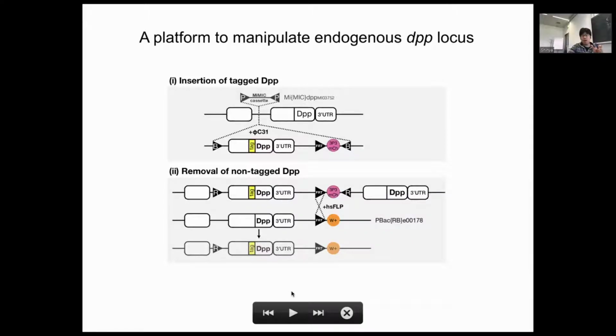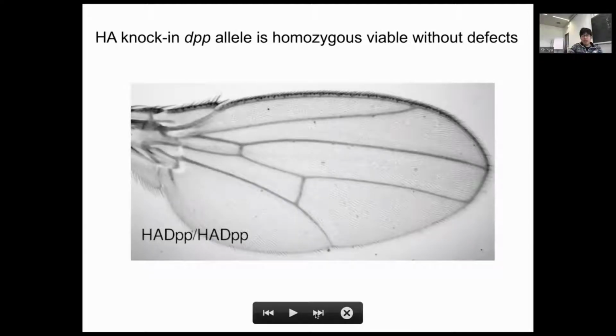It's a small amino acid sequence which can be recognized by an antibody, and you can visualize it and so on. So this is very good. And these HA-tagged DPP flies are homozygous viable and without any defect as far as we see.